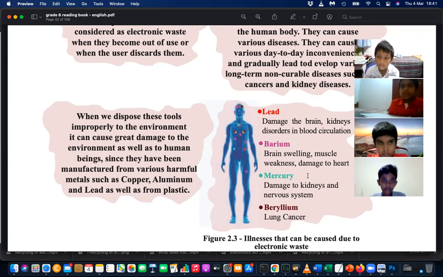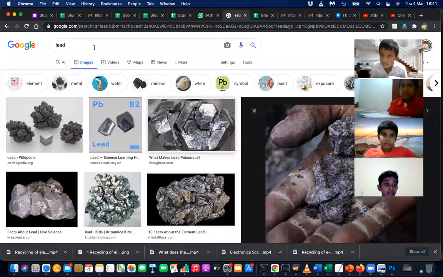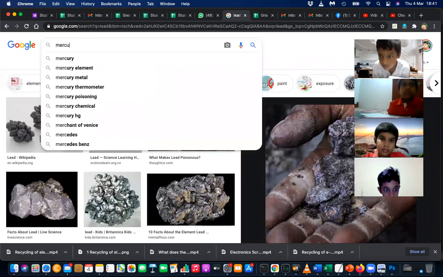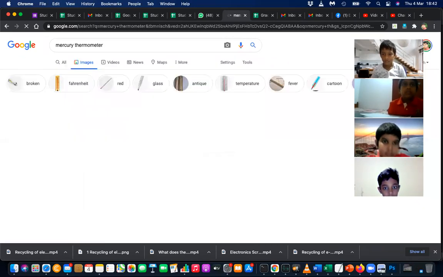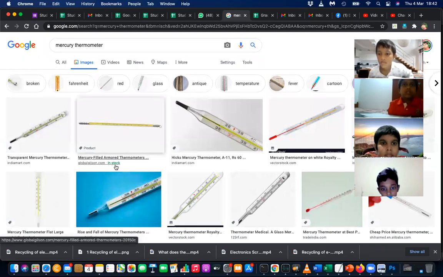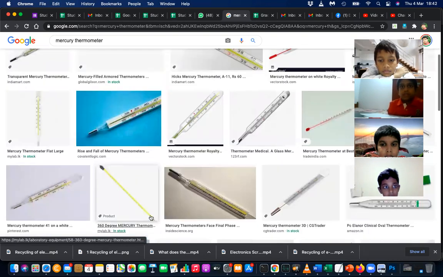And mercury. Have you seen mercury? All thermometers have this mercury. Have you seen this mercury thermometer? This is like old thermometers, but nowadays you don't have this because you have digital thermometers.